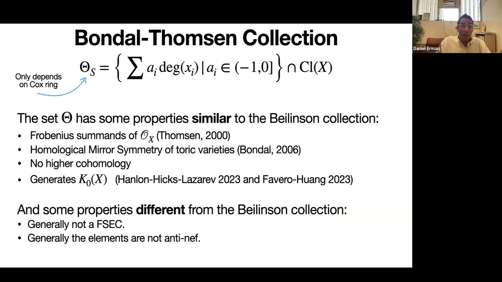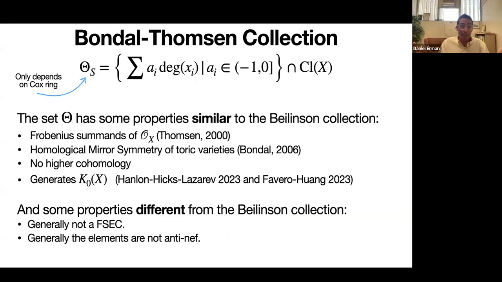This set had been studied before. It was studied by Thomsen in his analysis of the Frobenius summands of O_X, the summands of the Frobenius push forward of O_X to higher and higher powers. It played a starring role in this work of Bondal I alluded to earlier in mirror symmetry.